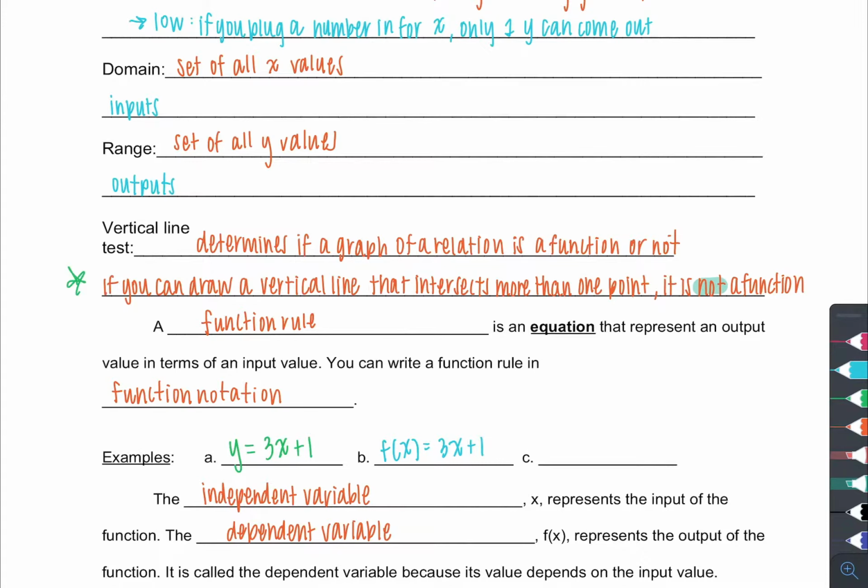f of x is our output and x is our input, and f of x is in terms of x. And then finally, this is our function notation. This is f of 1, which is 3 times 1 plus 1.